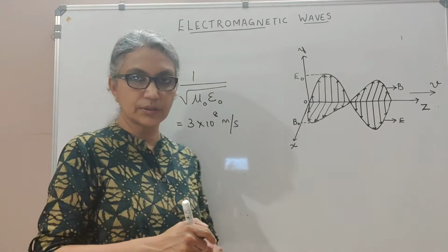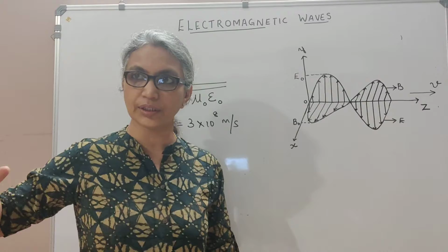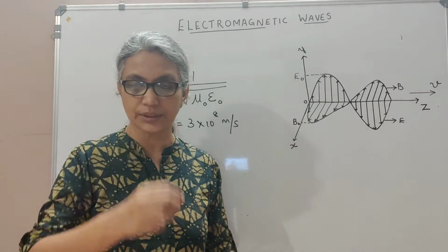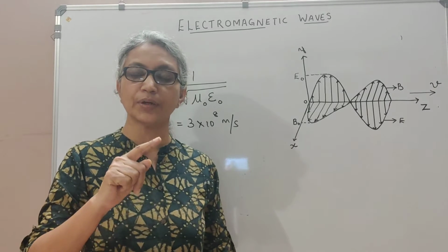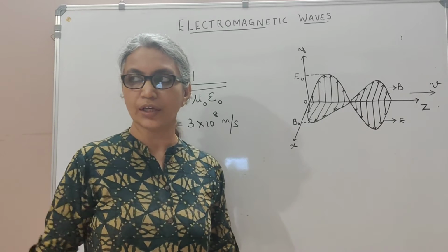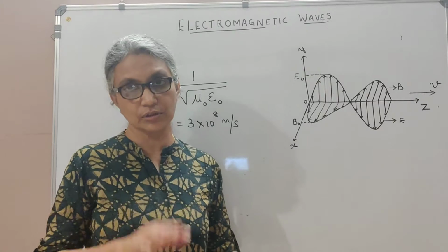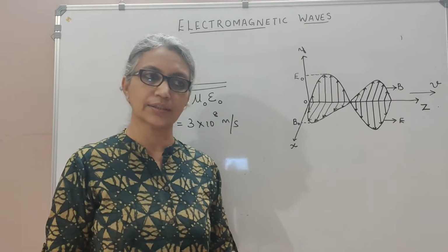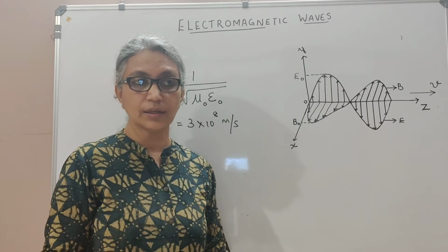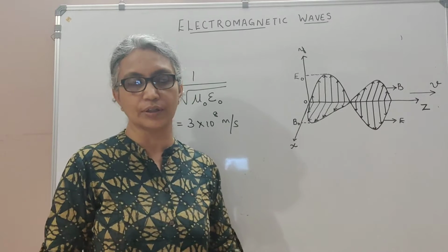Also, the oscillating charged particle that is producing this oscillating electric field and therefore generating an oscillating magnetic field has a particular frequency, and the frequency of this charged particle, the source, will be the same as the frequency of this electromagnetic wave. So your electromagnetic wave has a frequency equal to the frequency of the source, that is the accelerated charge. The SI unit of frequency, Hertz, was named in his honor.